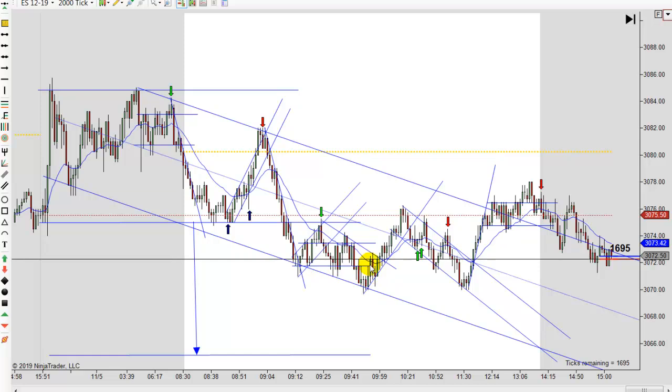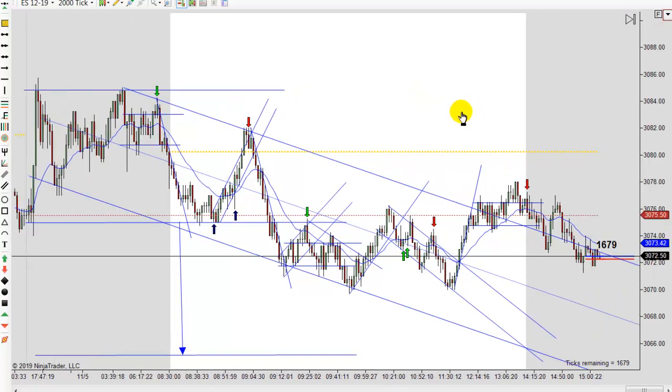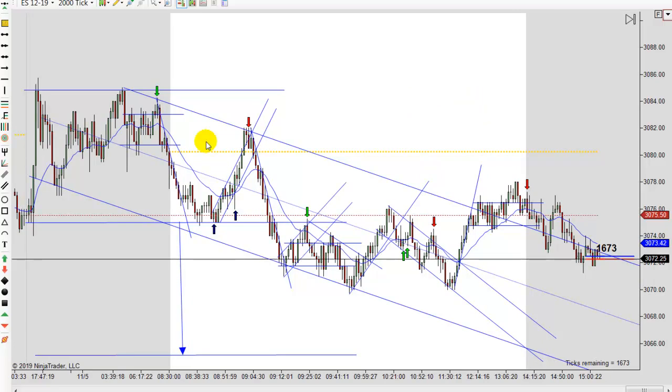And then we finally, and even then it still wanted to go lower before it made that next leg up. And then we got our first break, and we're trying to make a new low, but I doubt we'll do it. We're already into the overnight trading, so it doesn't really matter at this point. As long as you followed the rules, you probably still followed through on all this.